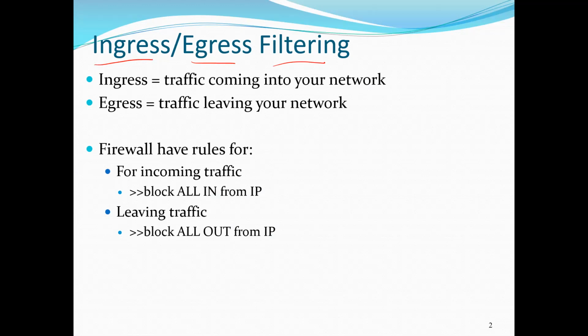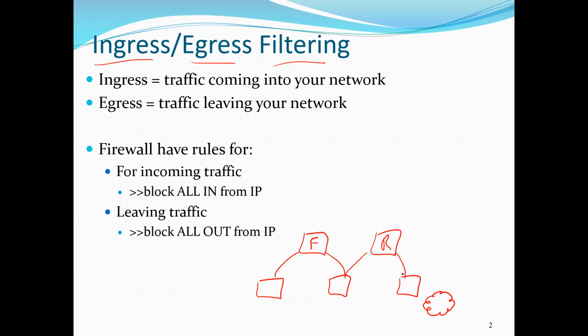As we go along, let's think of the terminology. Firewalls have the terms ingress and egress. Ingress stands for traffic coming into your network. Here it becomes important to look again at that example: we have a firewall, we have a router, and this represents the internet, so it's very insecure.